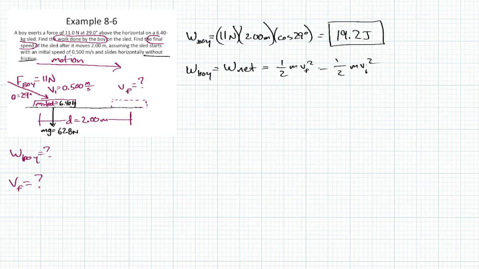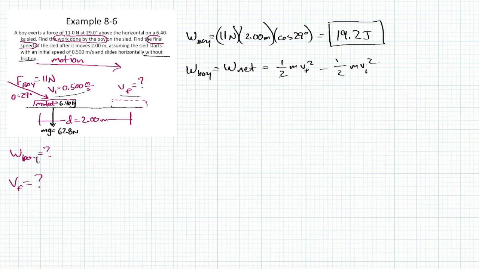And that's where we're going to be able to solve for the final speed. It's starting at this speed right here. We don't know the final speed, but we can use this to determine that. So I'm going to rearrange all this to solve for v final, and then I'll just plug everything in.